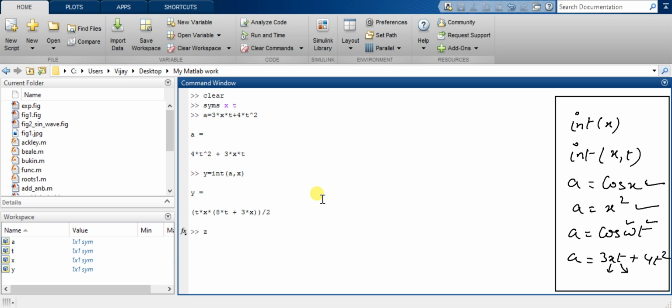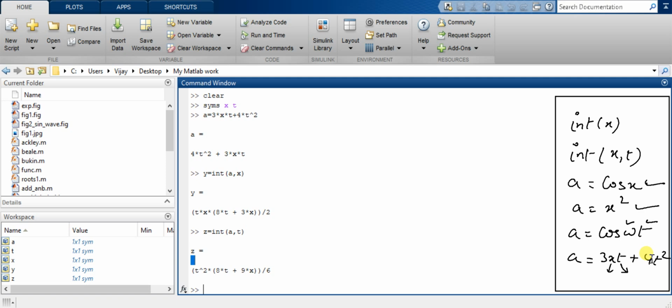So we assign it in z and use integration of a expression with respect to t. When you enter it, this is the result for integration of the last expression with respect to t.